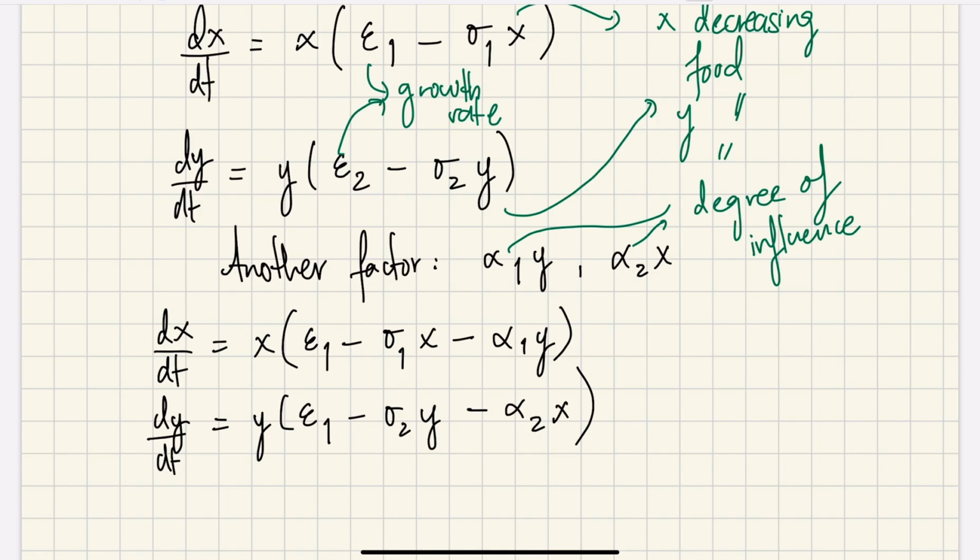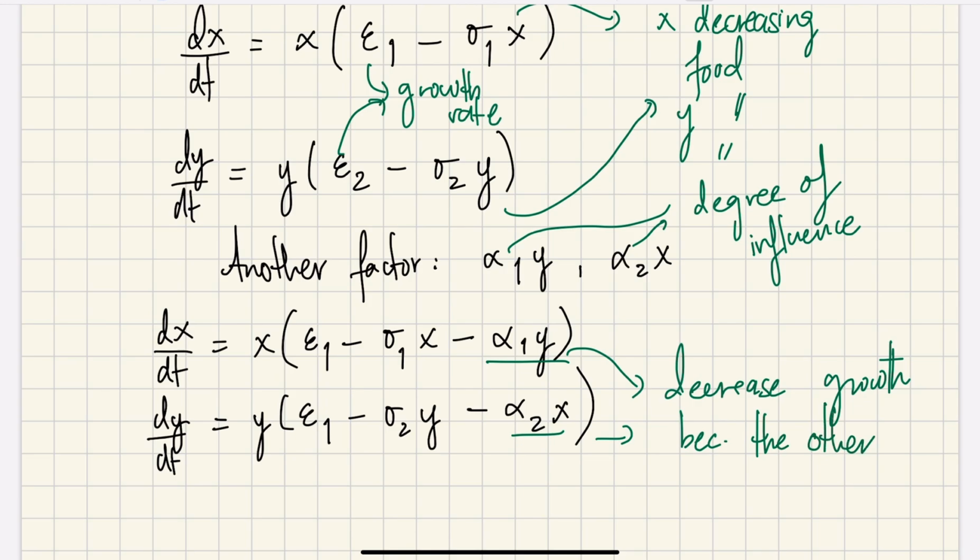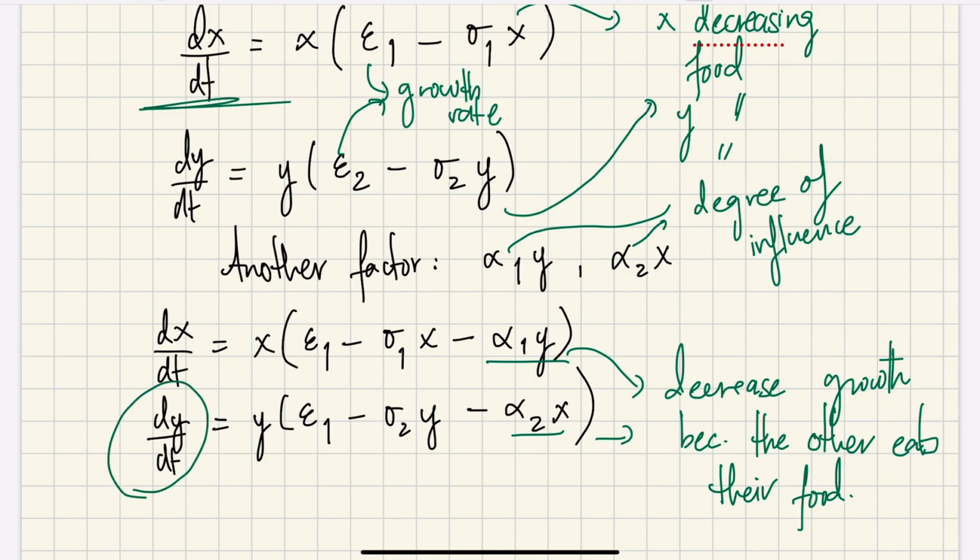These both decrease the growth rates because the other eats their food. So whatever the growth rate of x was before, now it's slower because y, being in the same place as x, is also eating x's food.